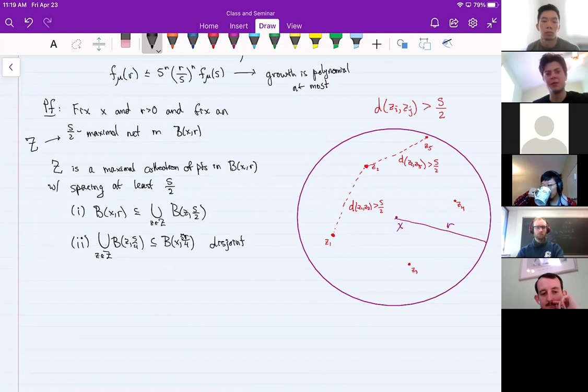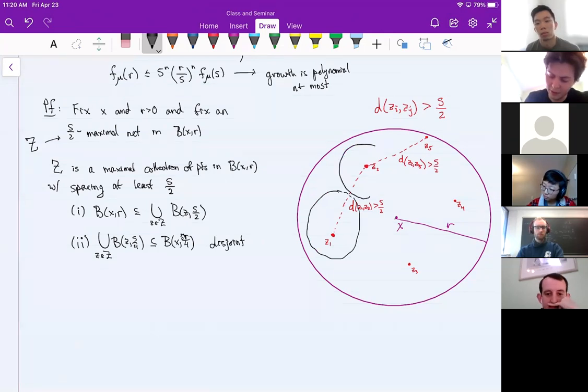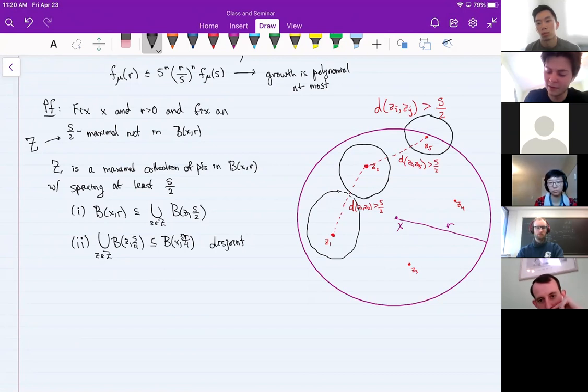All of these balls are far away from each other, so if I take the balls of radius s/4, those things don't intersect. So if I draw a ball of radius s/4, these aren't intersecting, and these are contained in the ball of radius 5r/4 around x, just because of the possibility that I have points on the edge like z5 over here, I need to extend my radius a little bit there.